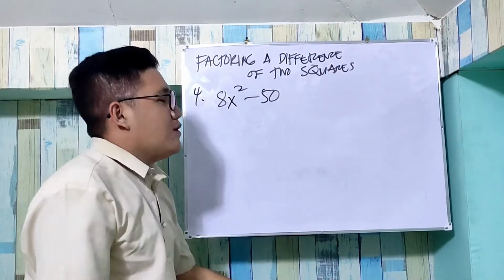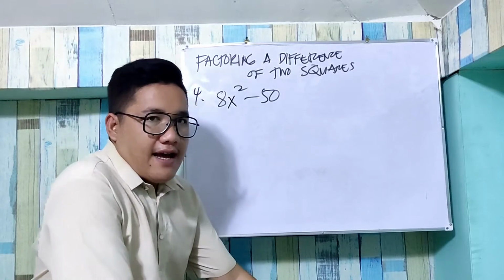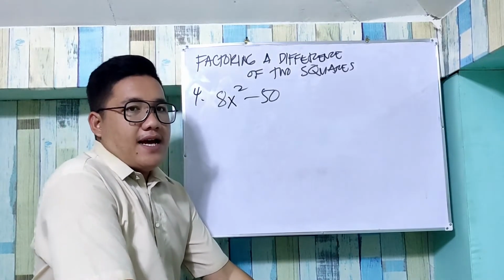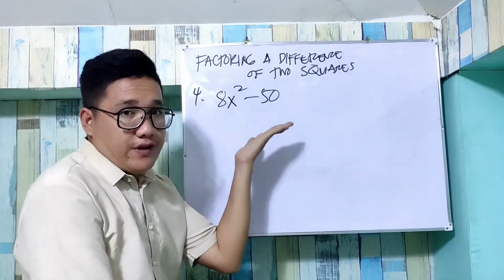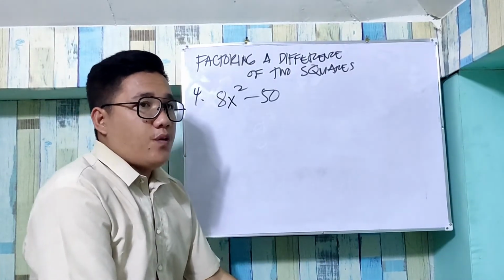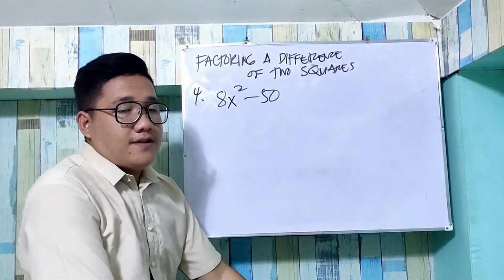So, 8x squared minus 50. On the first glance, iisipin mo na hindi pwede nating i-factor using the difference of two squares kasi yung 50 is not a perfect square and yung 8 is not also a perfect square.